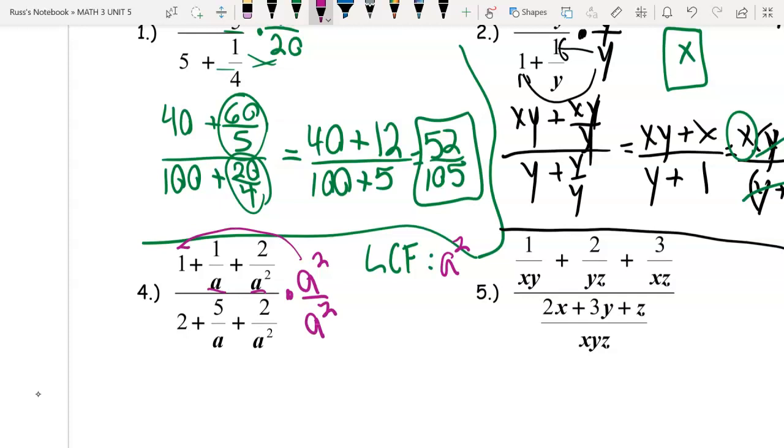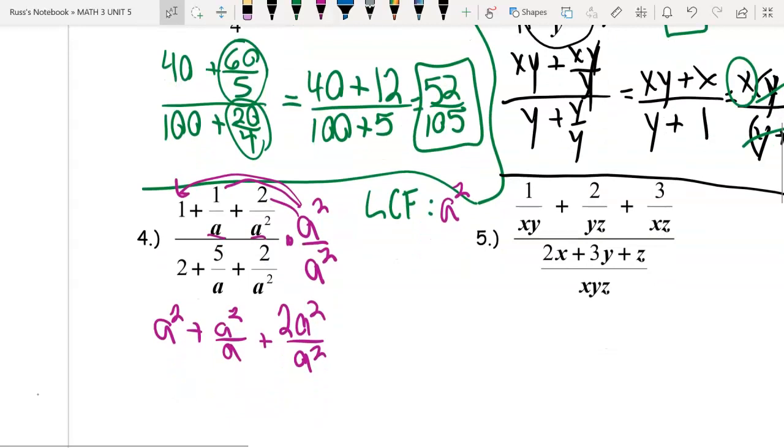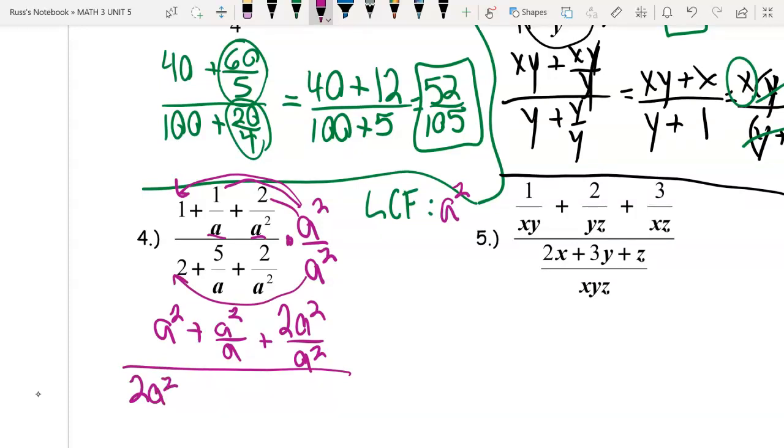So I would multiply a squared to everything. So a squared plus a squared over a plus 2a squared over a squared. All I did was multiply a squared times all those things in the numerator. And then on the bottom, 2a squared plus 5a squared over a plus 2a squared over a squared.